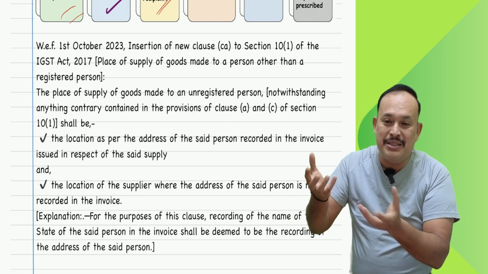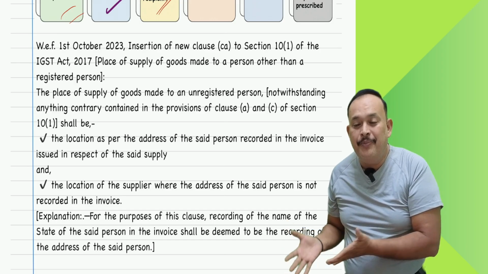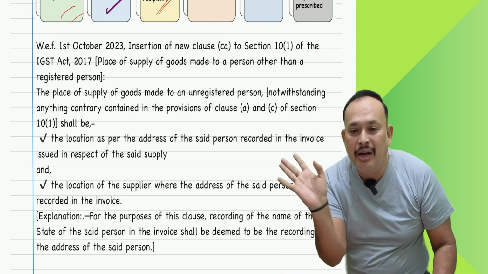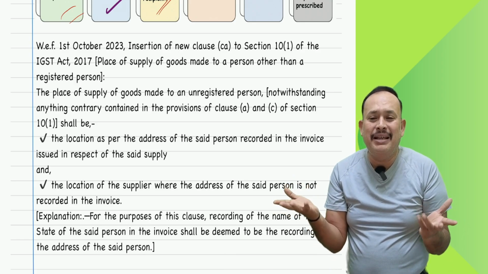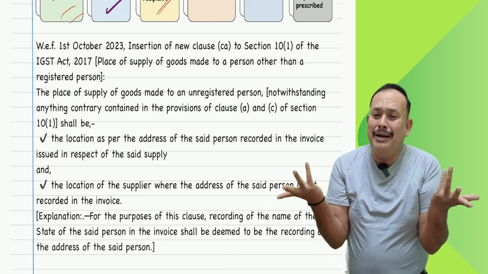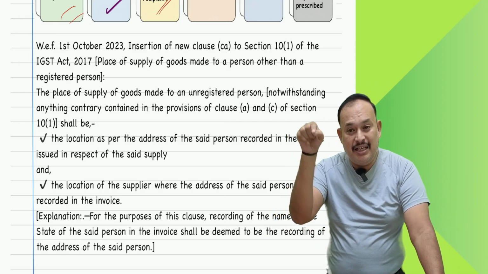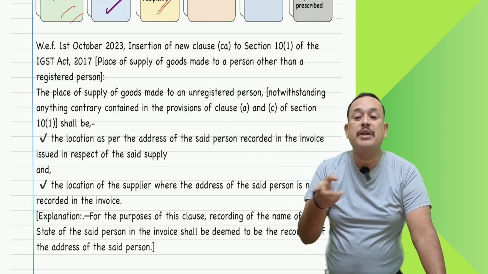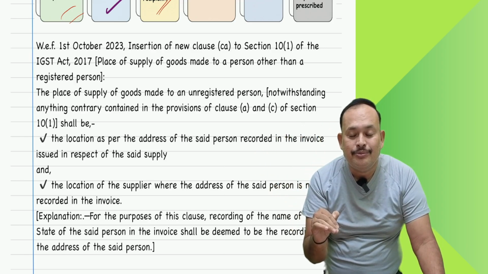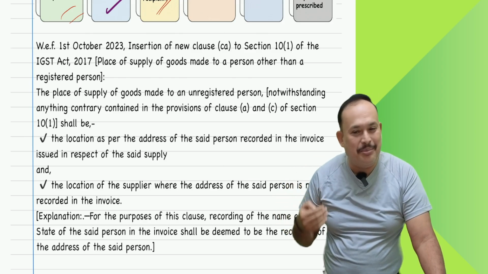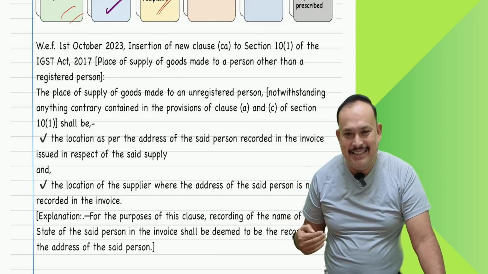Payment of ₹5,000 is collected by the seller in Tamil Nadu, and the invoice name is Bhuvan. That's all. The buyer is Bhuvan. No address, no state. In that case, section 10(1)(ca) says the place of supply goes to the location of the supplier. Where? In Chennai.